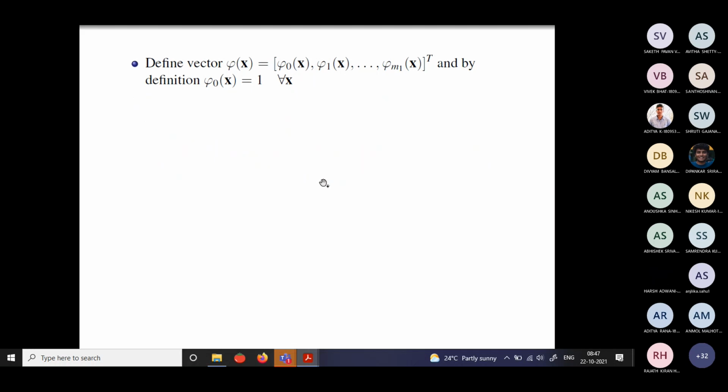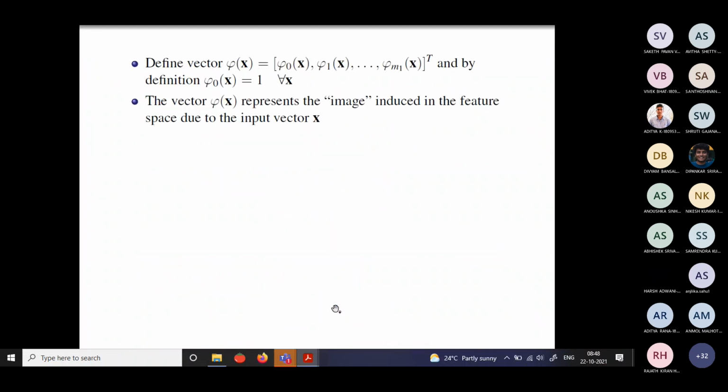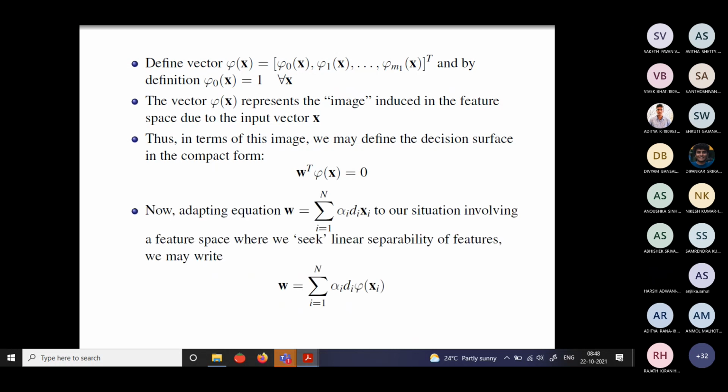So instead of writing it like this, one is an inner product, which we can write in terms of vectors. Wj is a vector, phi j is a vector, and this is what has been done here, right? We are writing this. Now when we adapt this particular equation to our situation involving feature space, where we seek linear separability of features, we are looking for something like this.